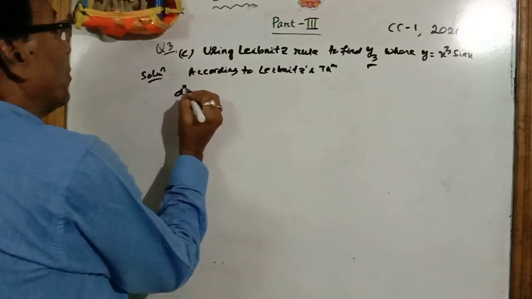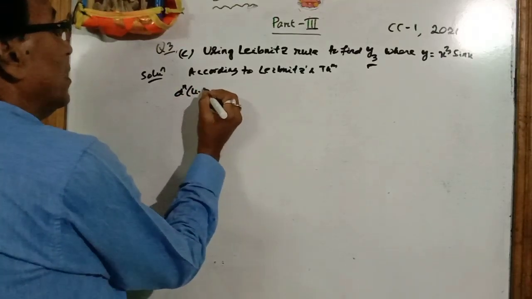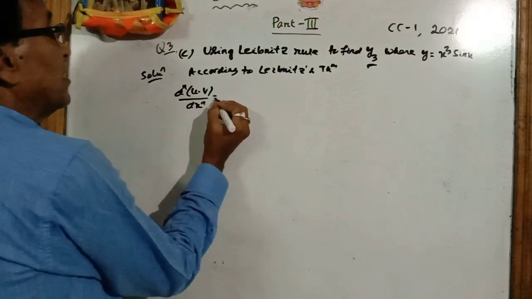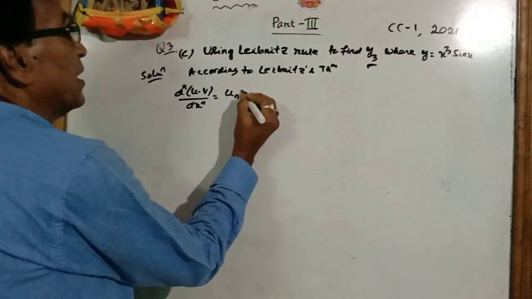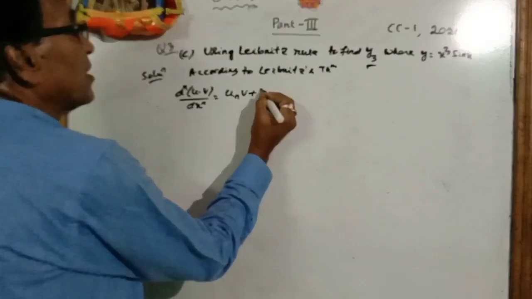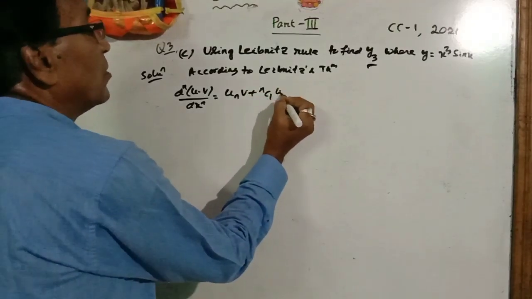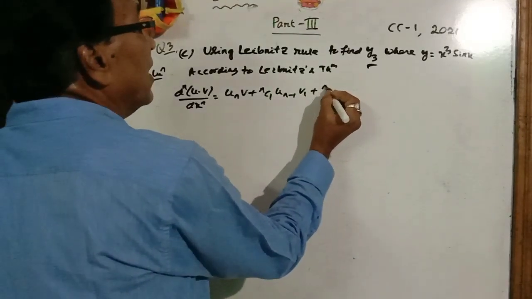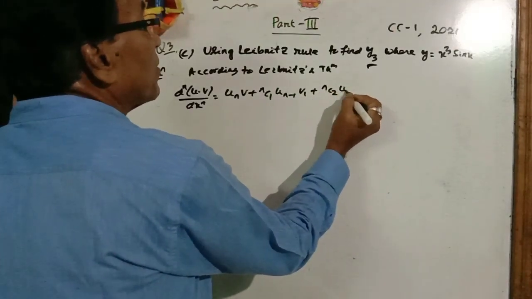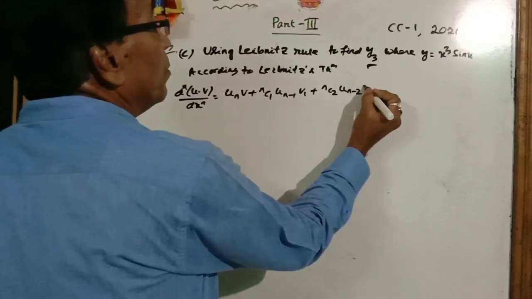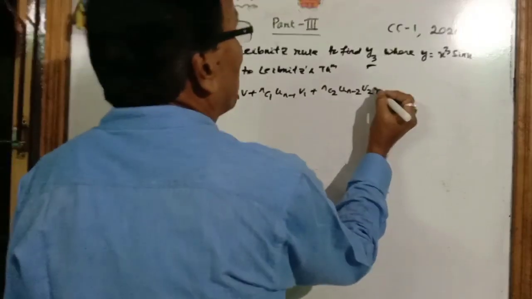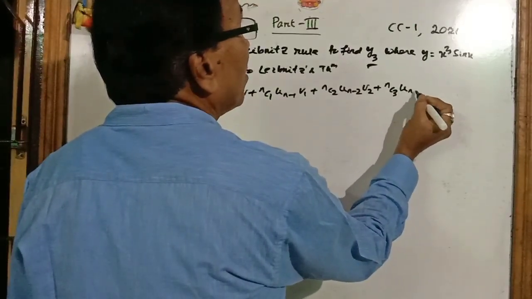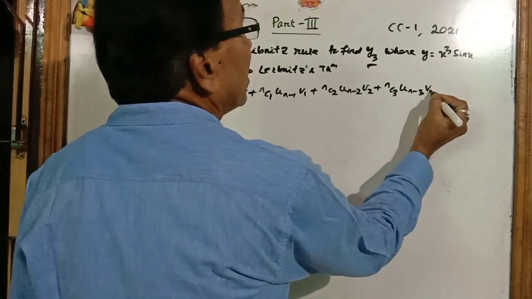nth derivative of product uv with respect to x, that is equal to u subscript n v plus nC1 u subscript n minus 1 v1 plus nC2 u subscript n minus 2 v2 plus nC3 u subscript n minus 3 v3.